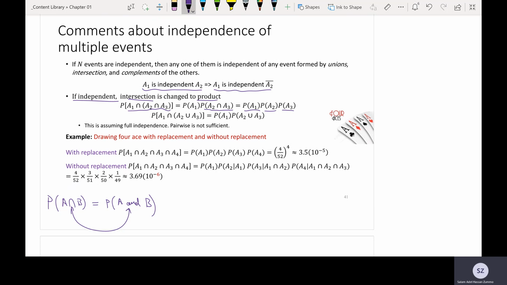You often find this in word problems, and after you finish this you find it in many places in your life: when you say and, it means intersect. As we said in the 52-card example, we say the card is a heart and a skin. So basically the card that you will pull is a heart and a skin. This translates into the intersection between the heart and the skin. Okay.